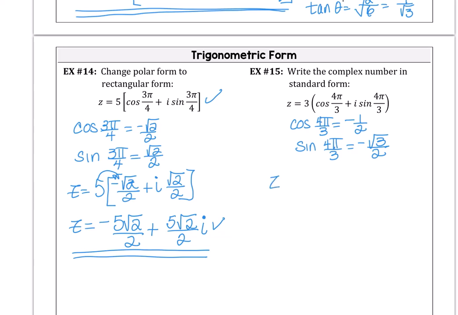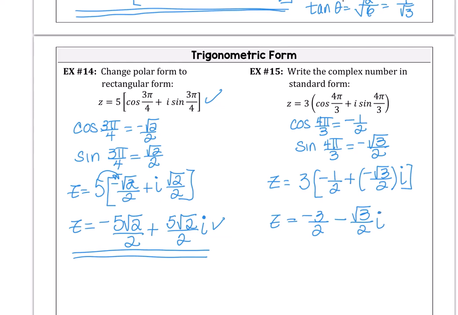So our rectangular form will be 3 times negative 1/2 plus negative square root of 3 over 2 i. That gives us negative 3 over 2 minus radical 3 over 2 i. From polar form to rectangular form of a complex number.